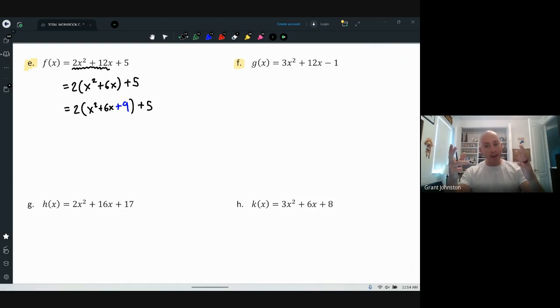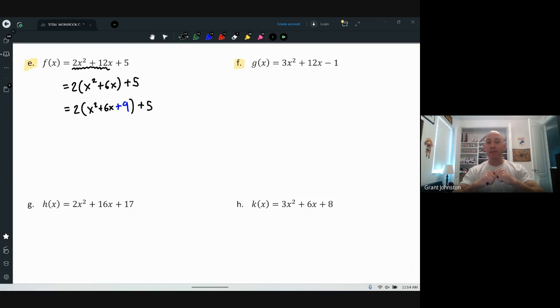But I need to counteract it. So you might think, oh, just subtract 9. But here's the catch, and this is where it gets really confusing. I didn't technically add a value of 9.